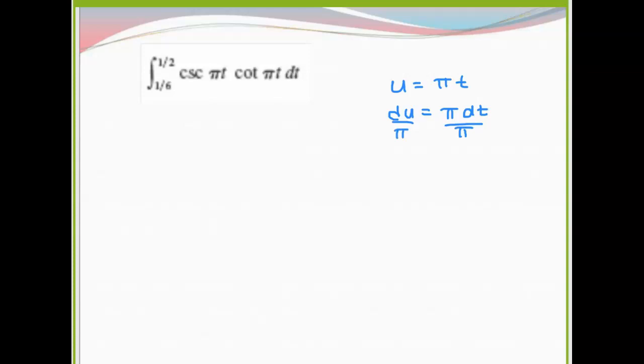So we factor, divide it by pi and pull it out. So you got 1 over pi. And now we're going to find my u with respect to 1/2 and 1/6.